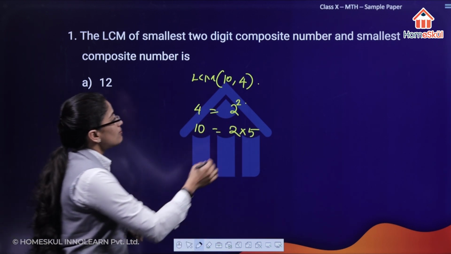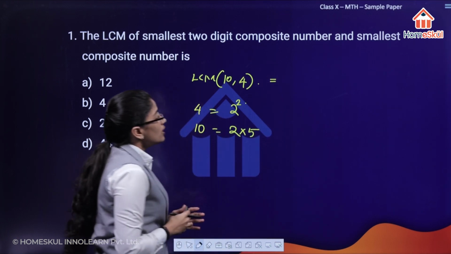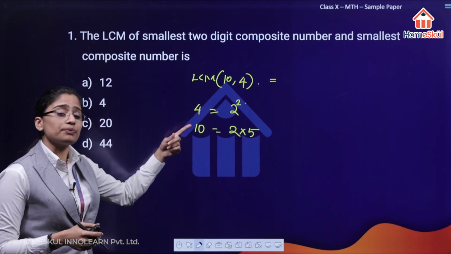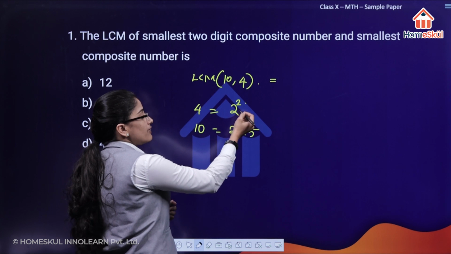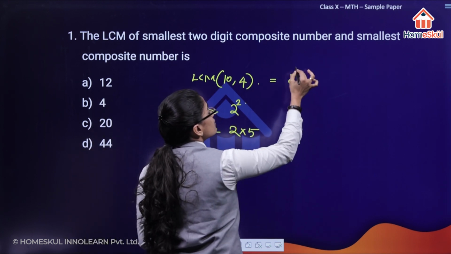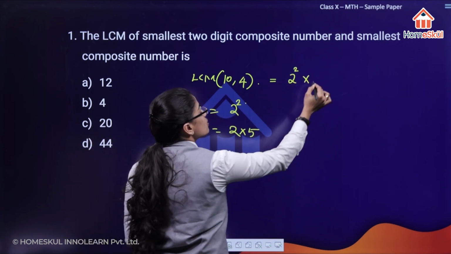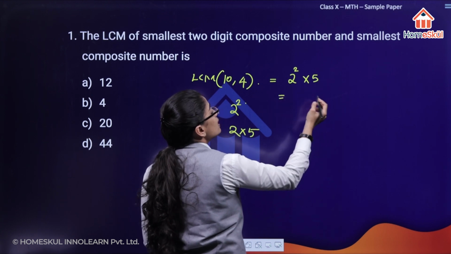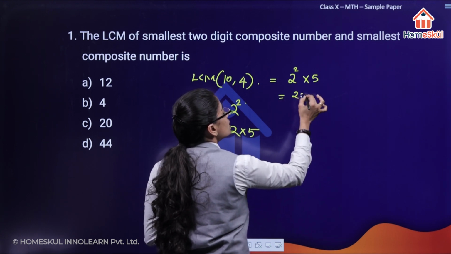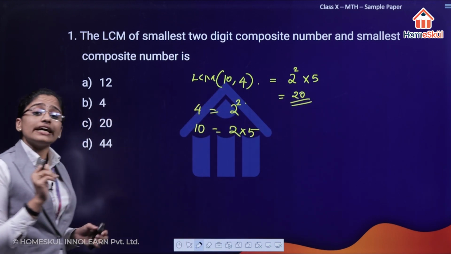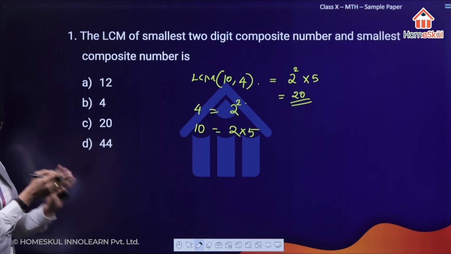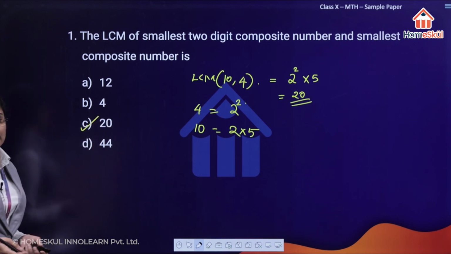LCM means the product of the highest power of each prime factor. Here, 2 is a prime factor, the highest power is 2 square, and 5 is also there. So, 2 square into 5, which means 4 times 5, that is equal to 20. 20 is the LCM of 10 and 4, isn't it? So, option C is the correct answer there.